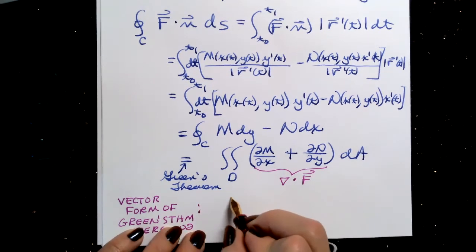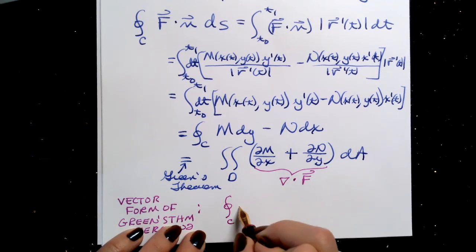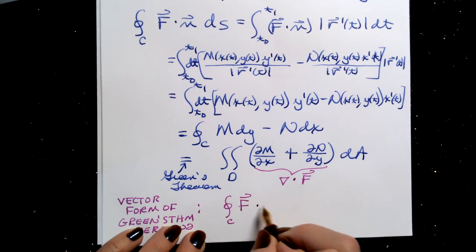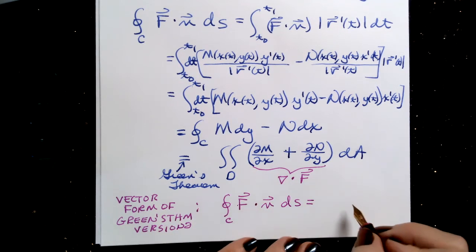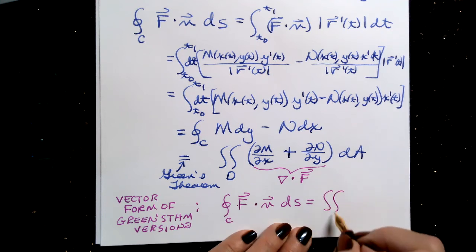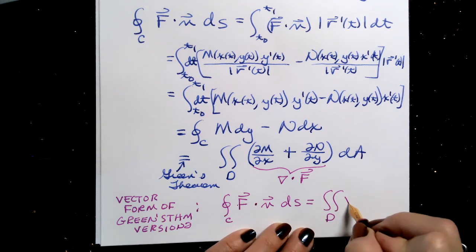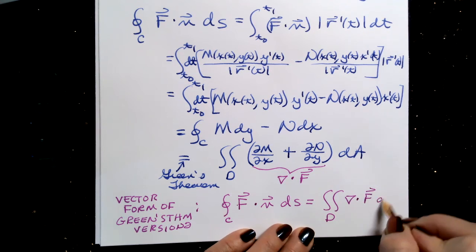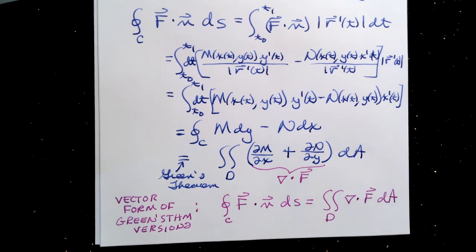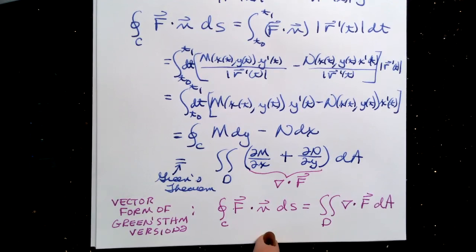And it says that the line integral over the curve C of f dot n ds is equal to the integral over the interior of the divergence of f dA. And it's in that form that you'll see it generalized completely when we look at the divergence theorem in a later section in this course.